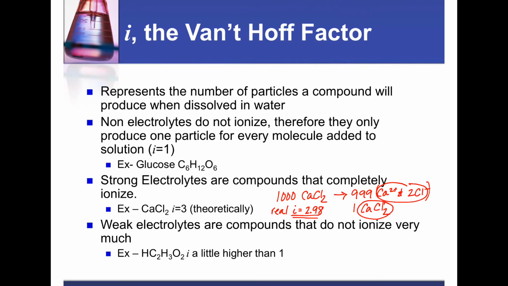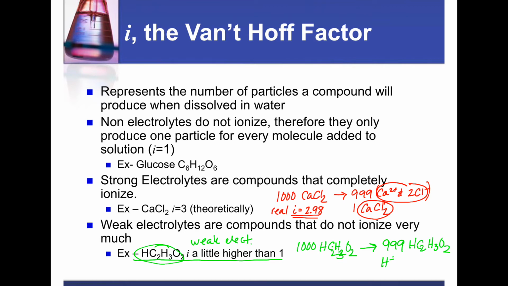Now, the same type of reasoning actually happens with weak electrolytes. So this is acetic acid. This was our weak electrolyte example. And for weak electrolytes, if we do the same kind of thing, say we have 1,000 acetic acids, about 999 of them stay as molecules, but one breaks apart into hydrogen ions and acetate ions.